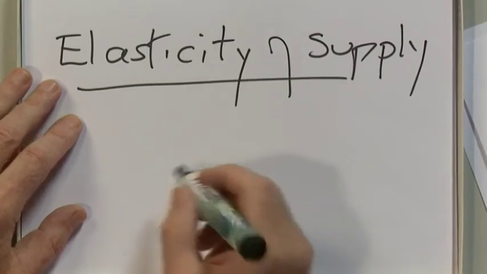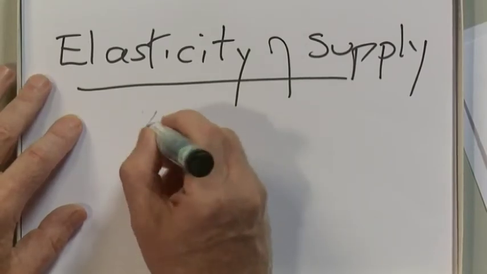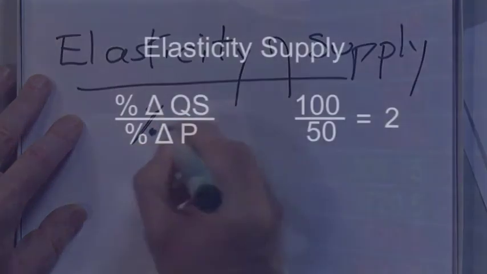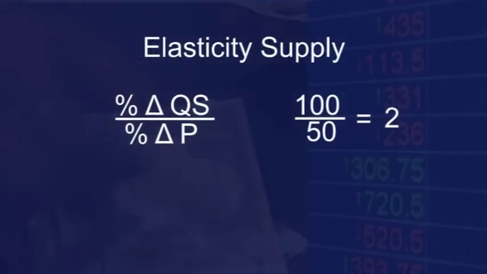And our measure, as you've probably guessed by now, is to take the percentage change in the quantity supplied and divide it by the percentage change in the price of the good. This is the elasticity of supply.